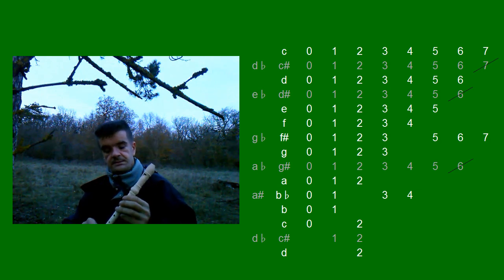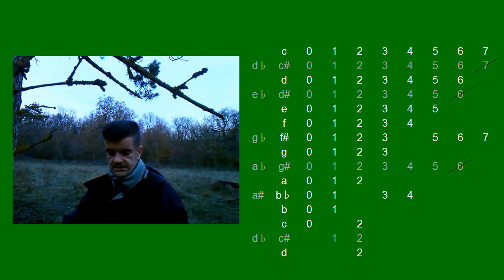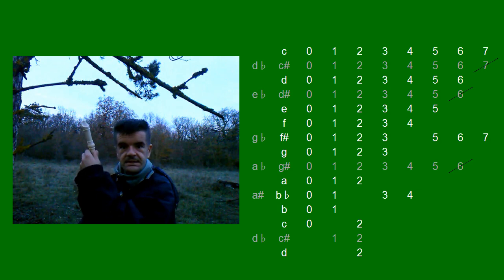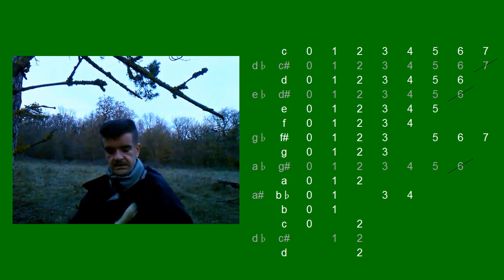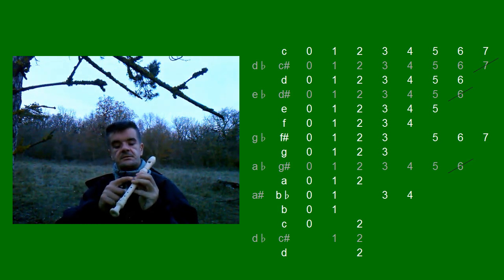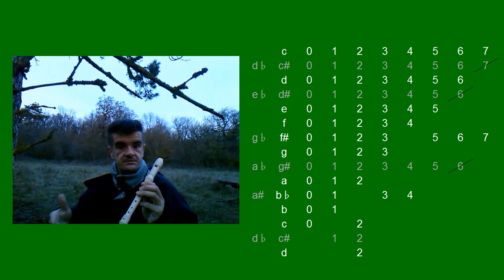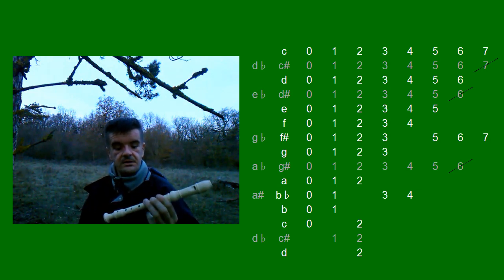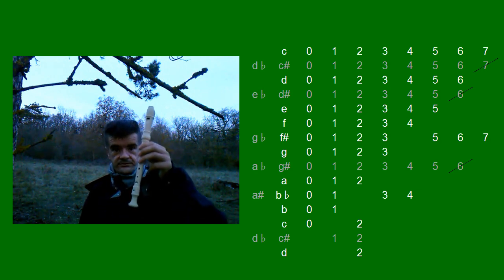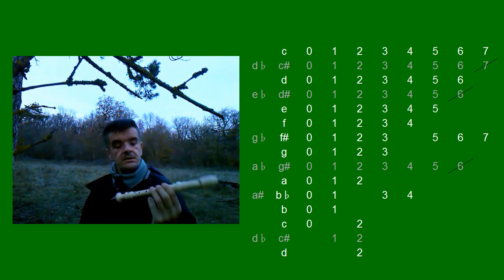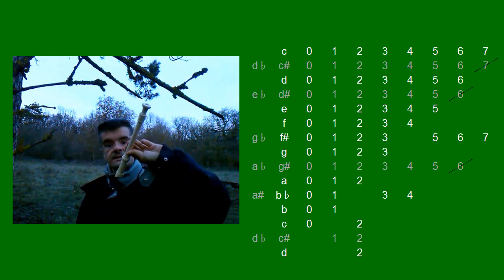You cover them with your fingers. You have your thumb at the back, and your second, third, and fourth fingers on the first three holes. You have all your holes covered like this.